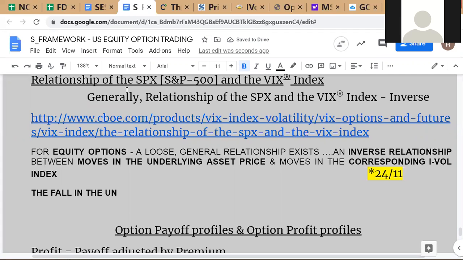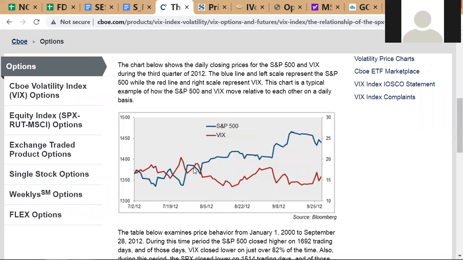Maybe we should ask people initially just a little bit. So what happens is that the theory behind this is that as asset prices tend to fall, okay, as you can see here, as it starts to fall here, the VIX is the index of equity options on the S&P 500.